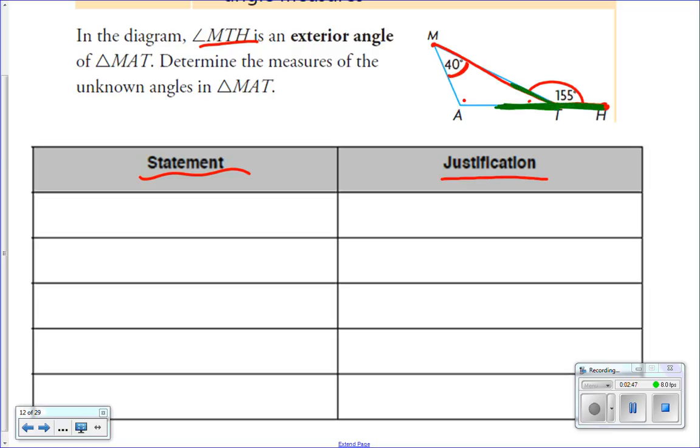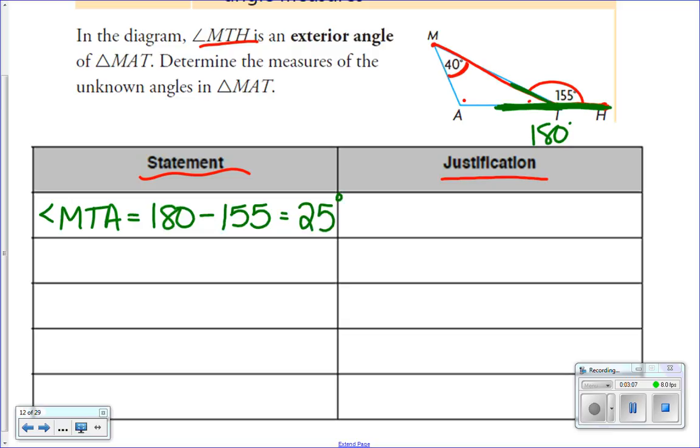Because this lies on a straight line, and I've mentioned it already quite a few times, look for those straight lines, and we know that they add up to 180 degrees. So we can write in here, angle MTA has to be equal to 180 minus 155. And that's going to give us an angle of 25 degrees. So we know right here, we've got 25.